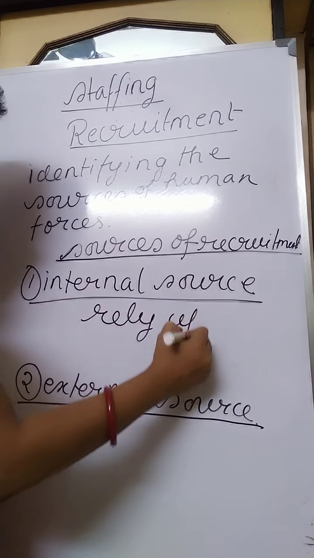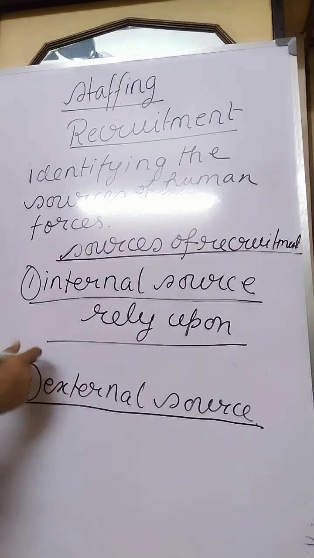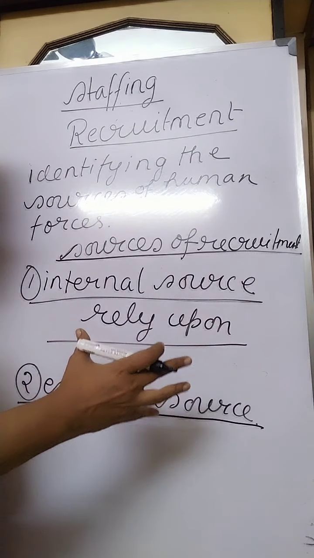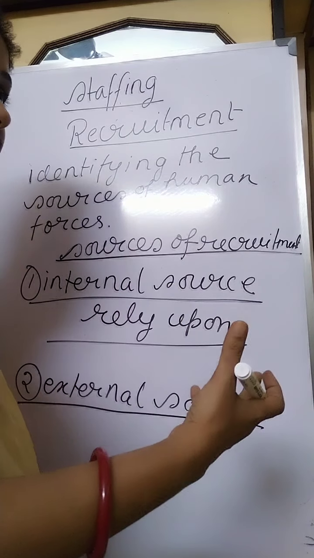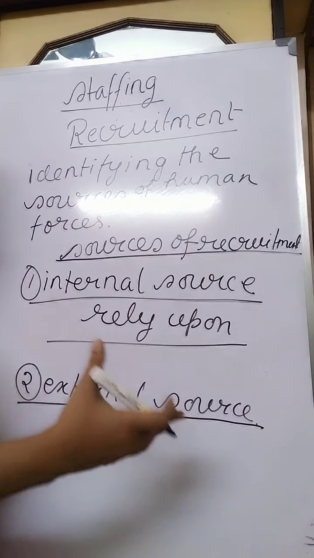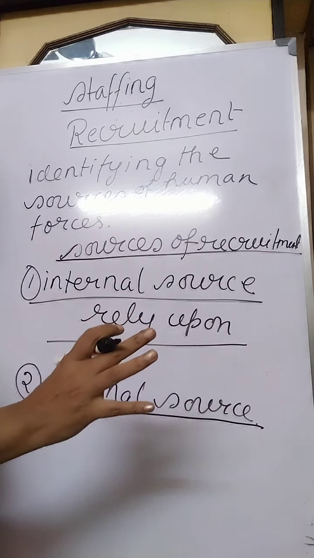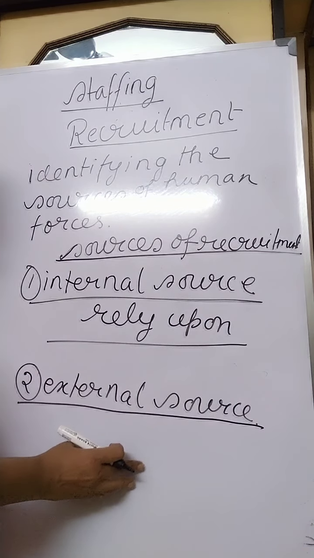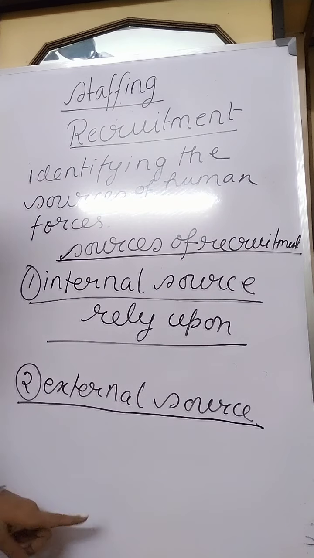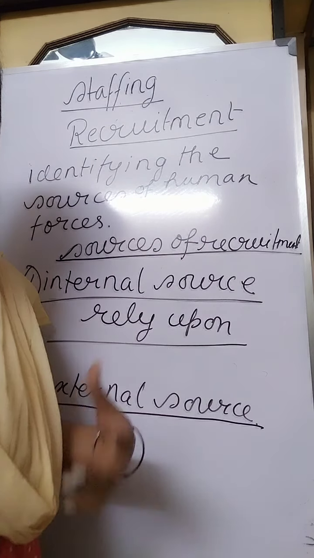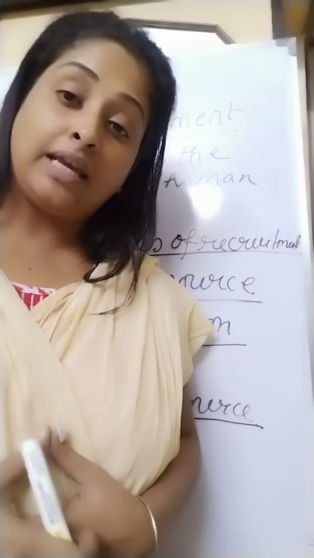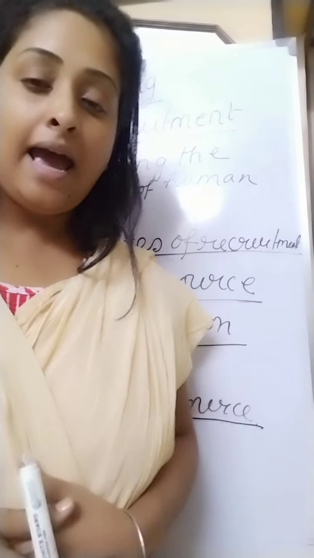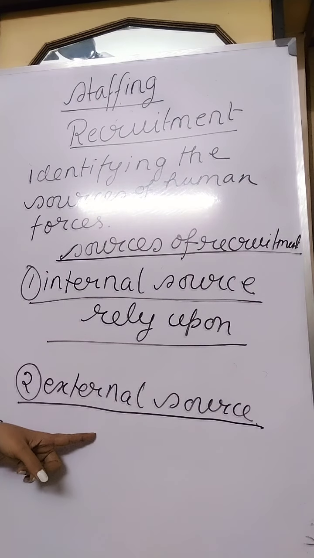You are familiar with the nature of the employees, their work culture, their performance, their efficiency. But you don't know about the external sources. So why are they essential? To inject fresh talent from outside the organization. That's why external recruitment is necessary.